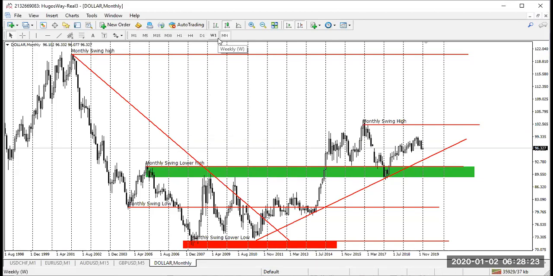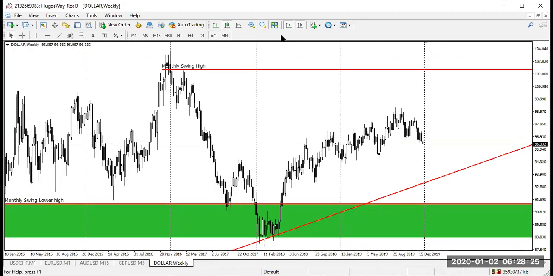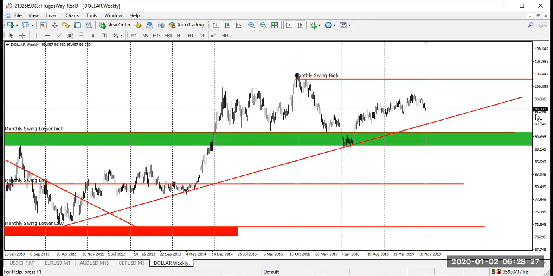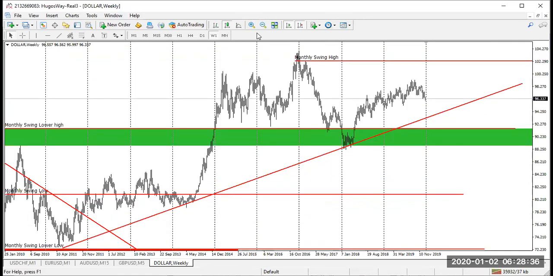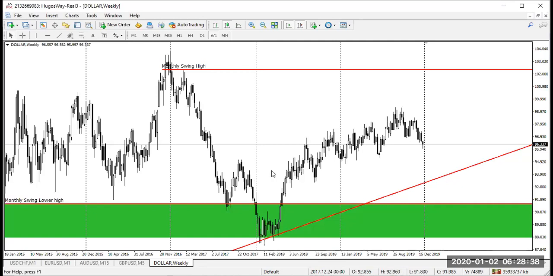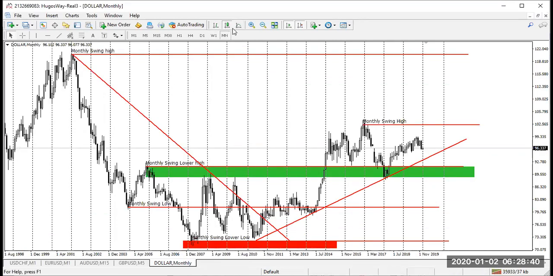Now let's come in here to the weekly, and this is what we're going to be faced with on the weekly time frame, based on all the lines and support zones that we drew. We're here. Now, actually, let's come back in here to the monthly, and let's look at this area here.